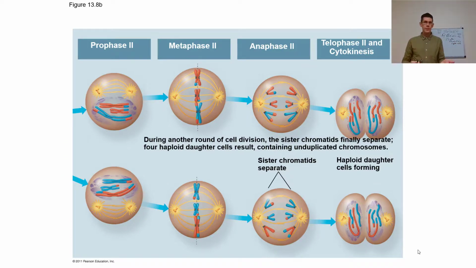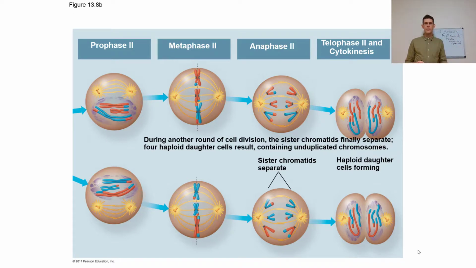In prophase 2, you have the lining up, the breakdown of the nuclear membrane and the packaging, if they're not already packaged, of the chromosomes. Same as prophase of mitosis. In metaphase 2, you're lining them up on that metaphase plate. Very similar. In anaphase 2, you break apart the sister chromatids.